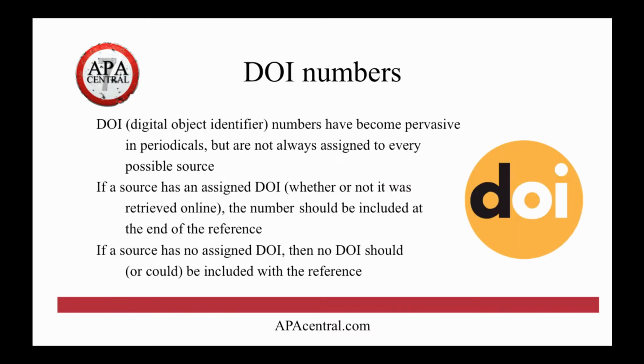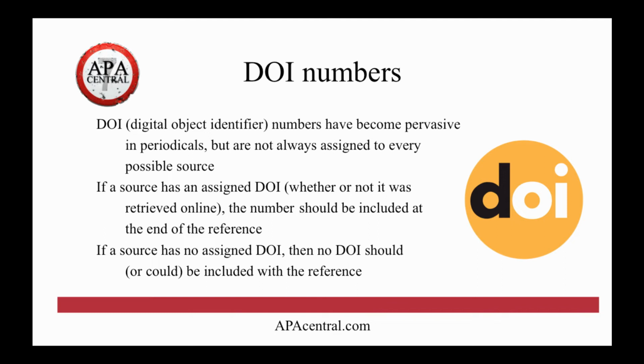So DOI, or digital object identifier numbers, have become pervasive in periodicals and journal articles, but they're not always assigned to every possible source. If a source has an assigned DOI, whether or not you retrieve it online, I guess I should say this too. What a DOI is identifying is where a journal article or anything else is permanently stored in a digital network.